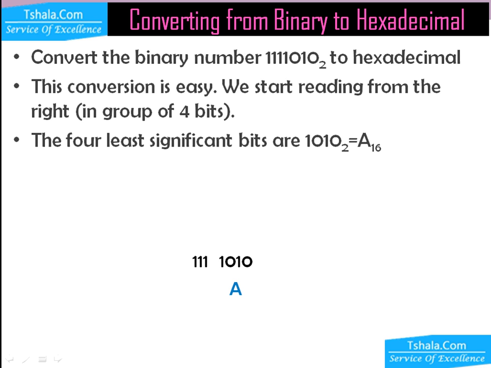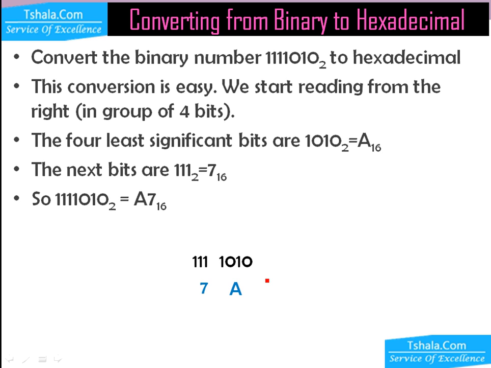When we do a conversion between binary and hexadecimal, we start reading from the right, and then each group of 4 bits is converted straight to hexadecimal. So in this case, 1010 gives us an A in hexadecimal, and the next bits will be 111, which gives us a 7. So this is the result, 7A.